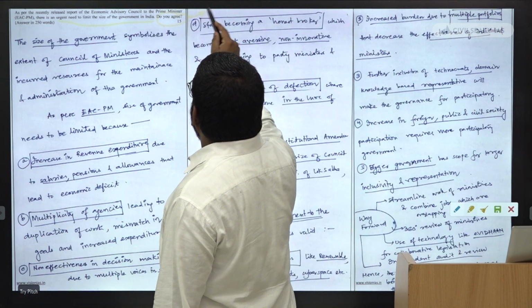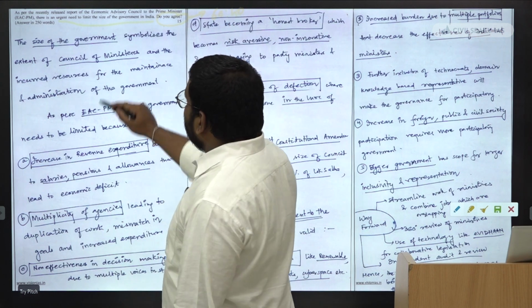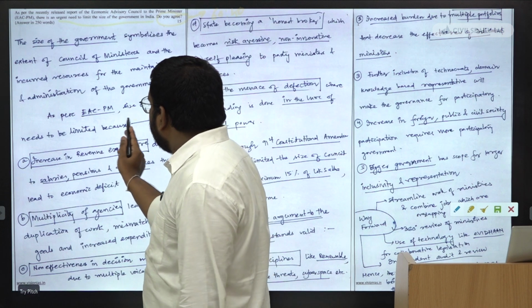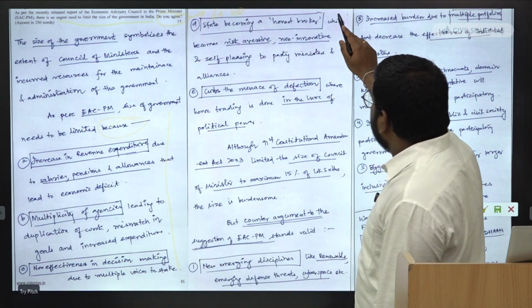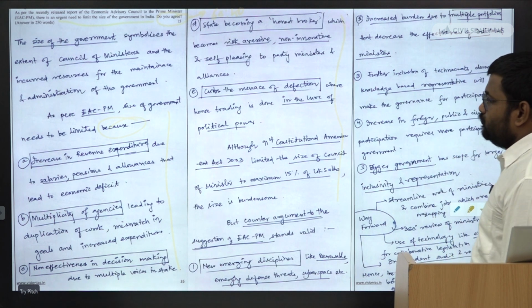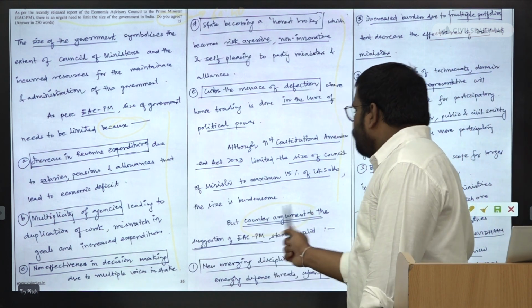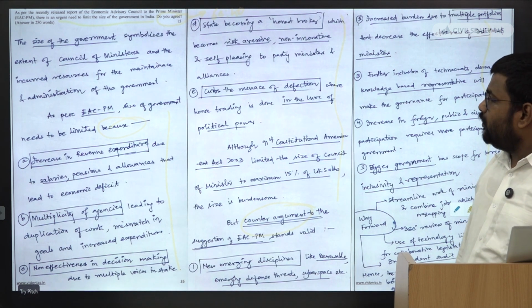So effectively 60-40, where 60% will be in favor, so as per size of government needs to be limited because, so arguments in favor, these are the points. And then counter argument. So, but counter argument, these are the points. And at the conclusion, way forward.